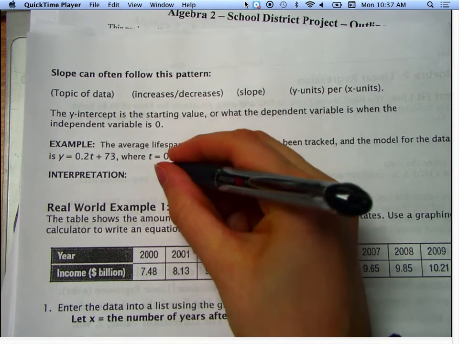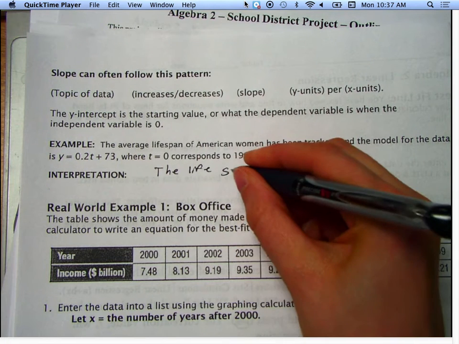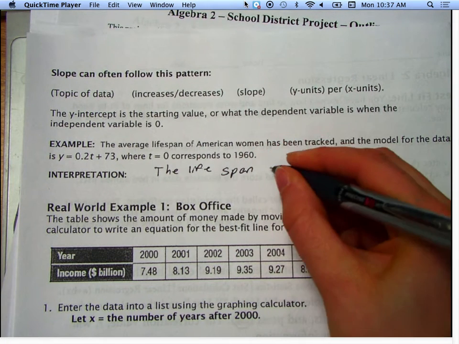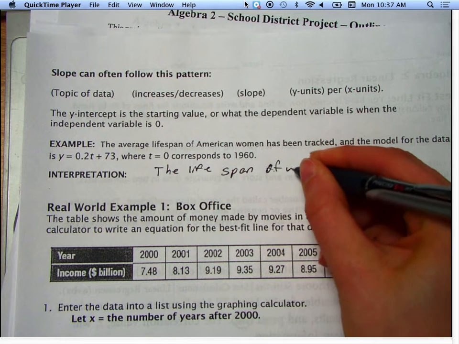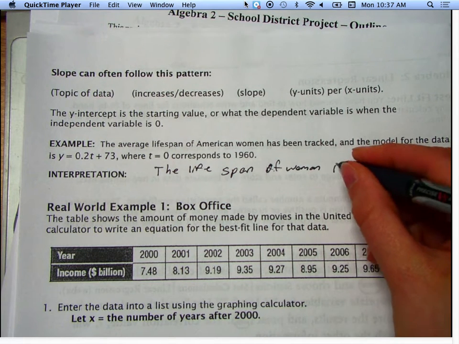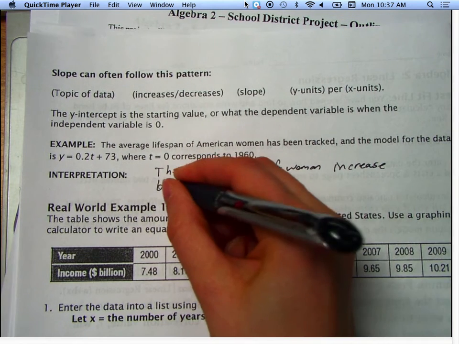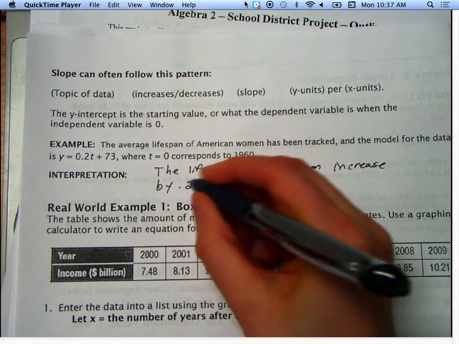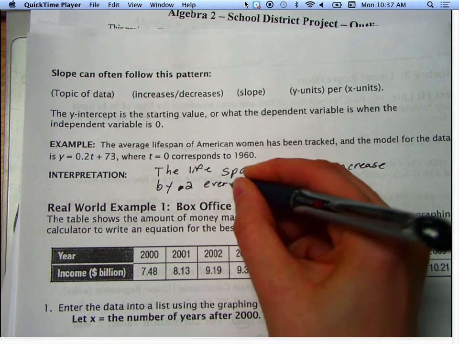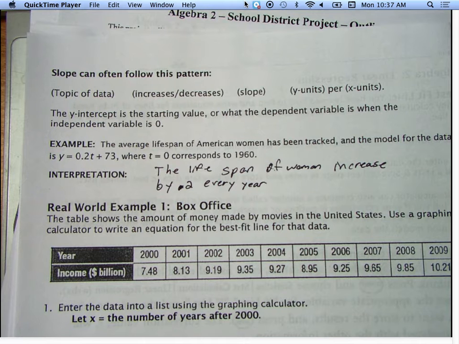Okay, so we're saying that the lifespans of women increase by 0.2 every year. Okay?